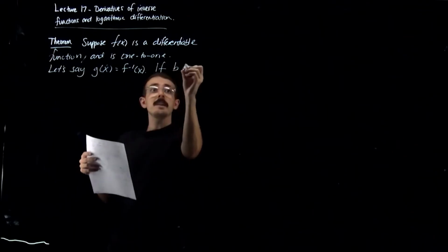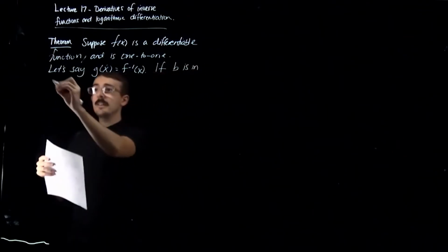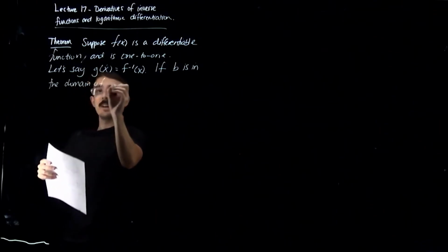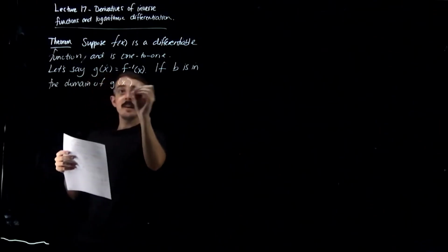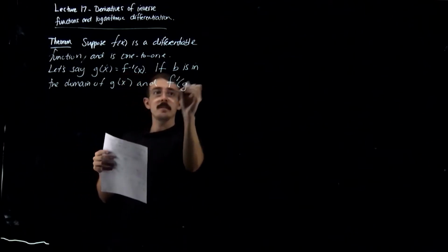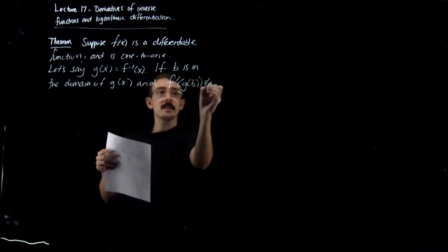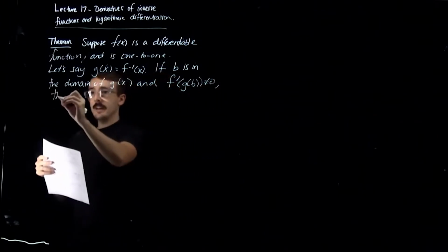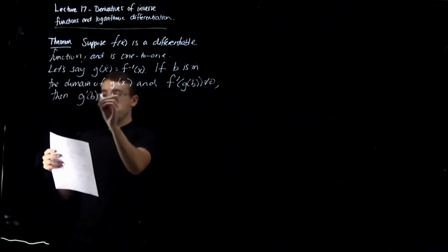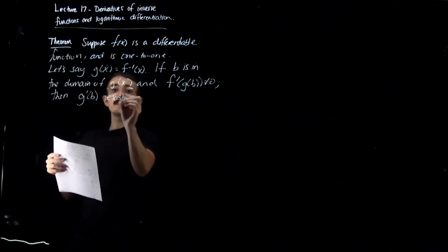If b is in the domain of g of x and f prime of g of b isn't equal to 0, then the derivative of g at b exists, and this is how you calculate it.